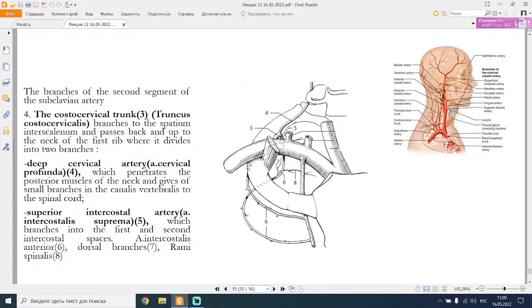The truncus costocervicalis divides into two branches: the deep cervical artery, arteria cervicalis profunda, and the second branch, arteria intercostalis suprema.